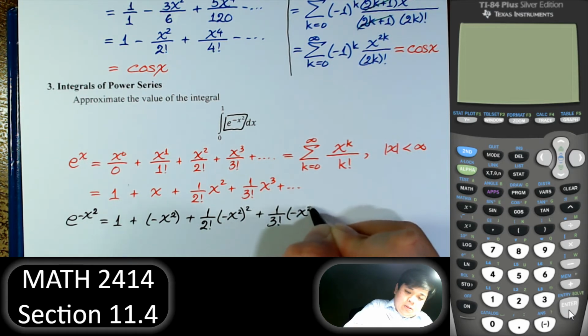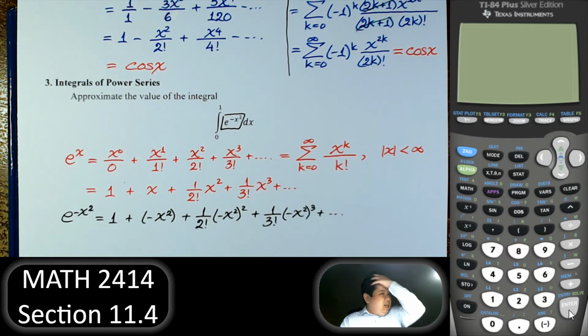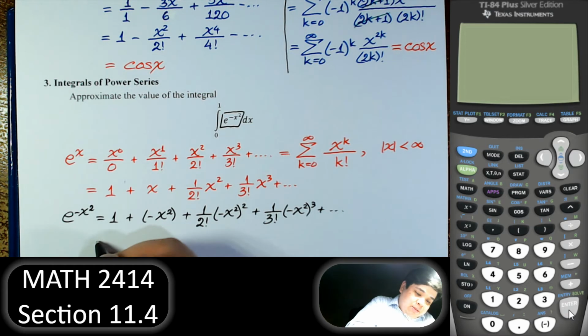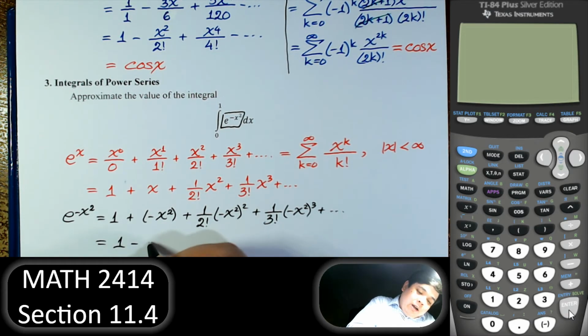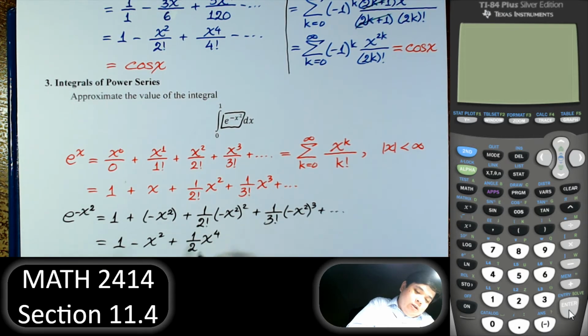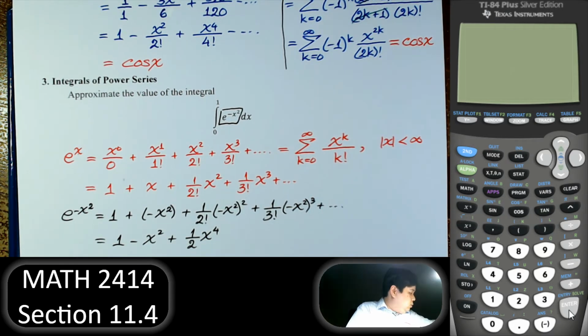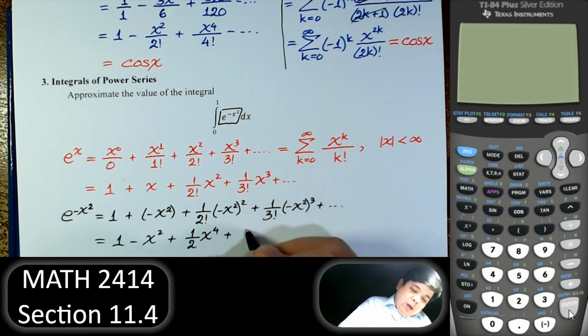Let's clear this up. 1 minus x squared plus 1 half x to the 4th, minus 1 over 6 x to the 6th.